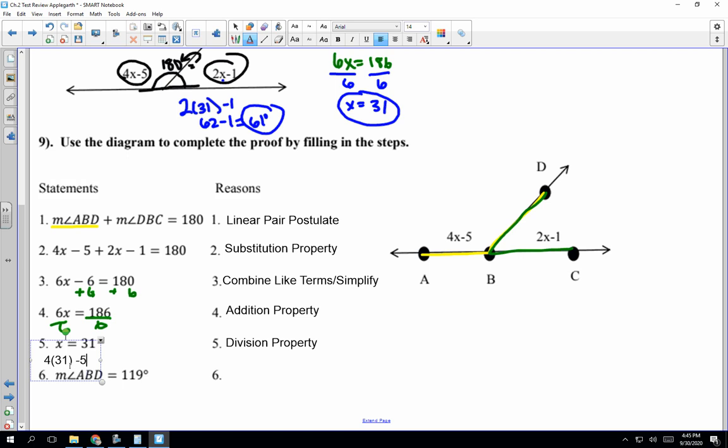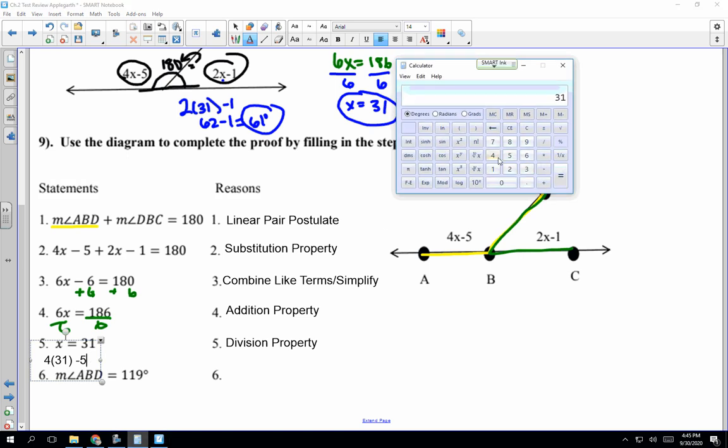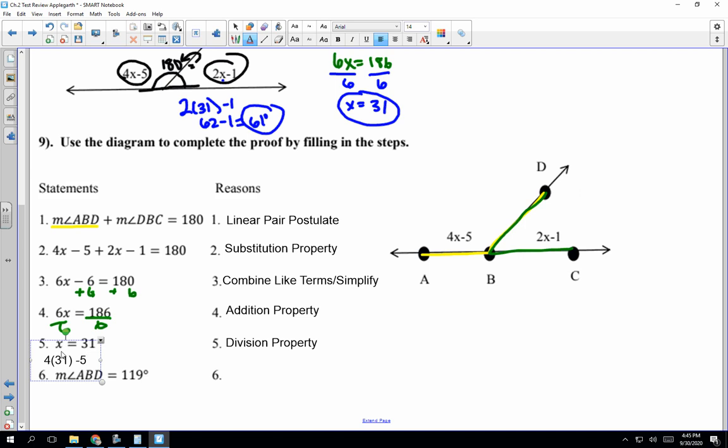We must have said, well, ABD is 4x minus 5, so we must have done 4 times 31 minus 5 to get 119. What is it called when you take something out and put something equivalent in its place? Oh, that's called substitution.